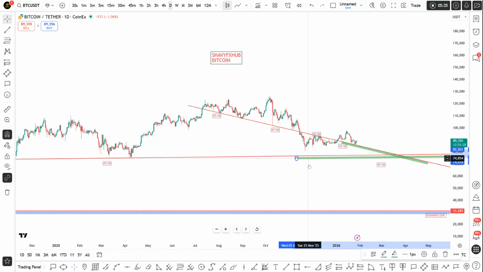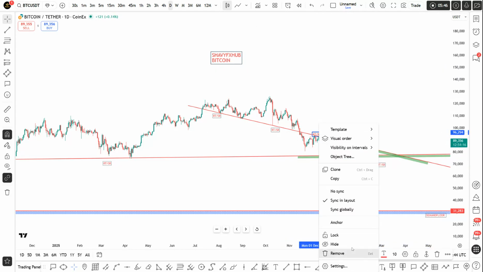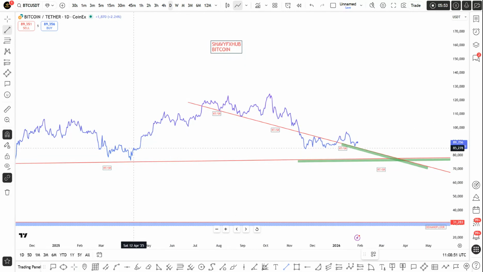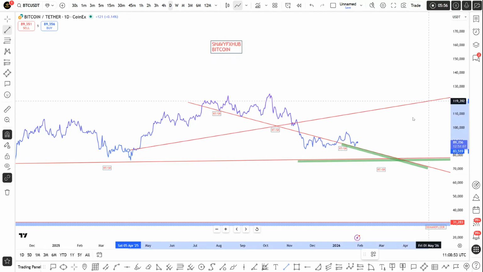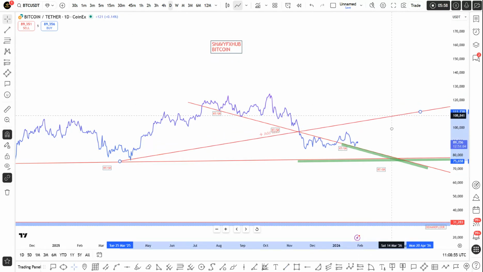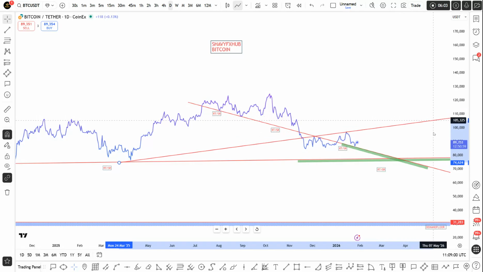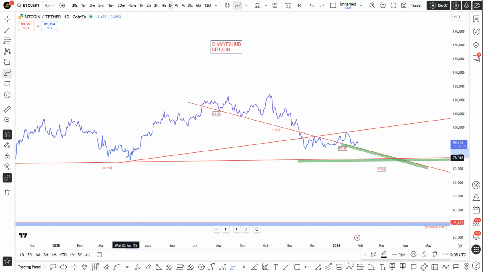So technically, we are looking out for a breakout of that structure. But that is not going to happen because you see the daily candle has come there, reacted, and it's moving back. One key thing you must also note using the line chart perspective, if you zoom in, is that I'm looking for a technical breakout of the structure as buy confirmation. Now, price has given you a very beautiful litmus test for buy confirmation.